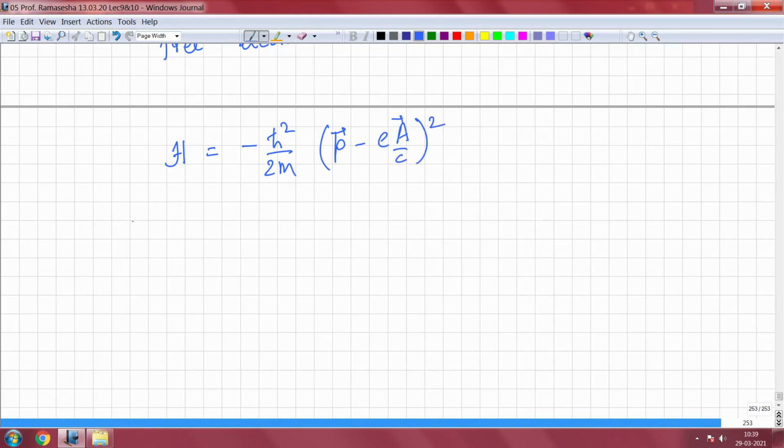Now, we know that the magnetic field H is equal to del cross A. So, if we take A to be the following: 0 times i plus xH times j plus 0 times k, then what we will get is a magnetic field along the z direction.